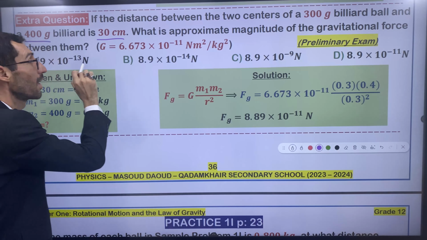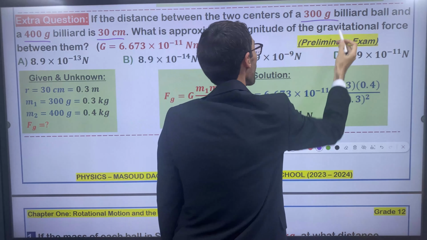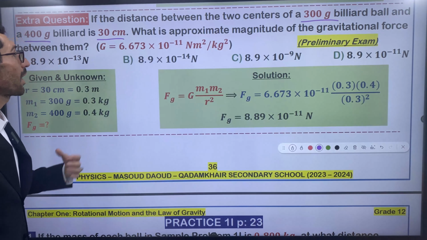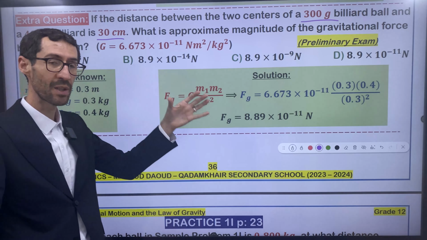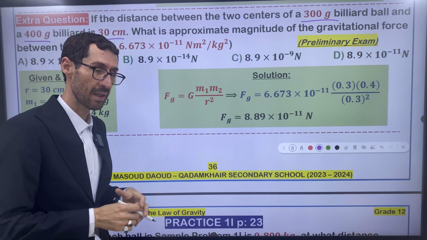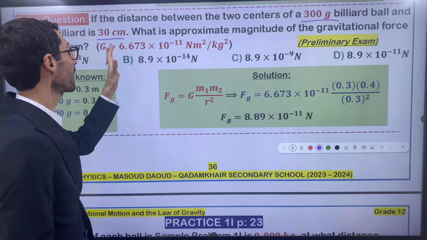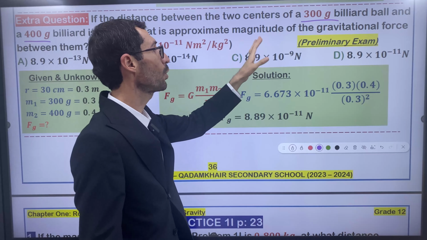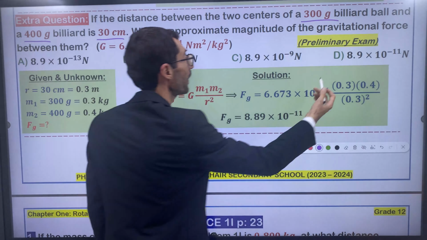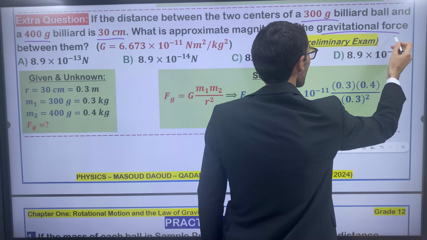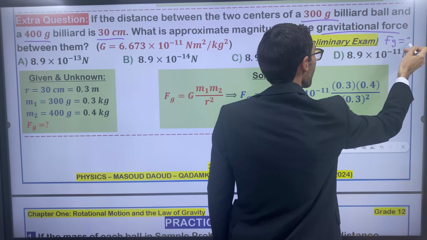You see, in this case, all of the units are different. So we have to convert them into the units which are valid in SI, right? What's the approximate magnitude of the gravitational force? What do we look for? We look for Fg, right? Fg is unknown.